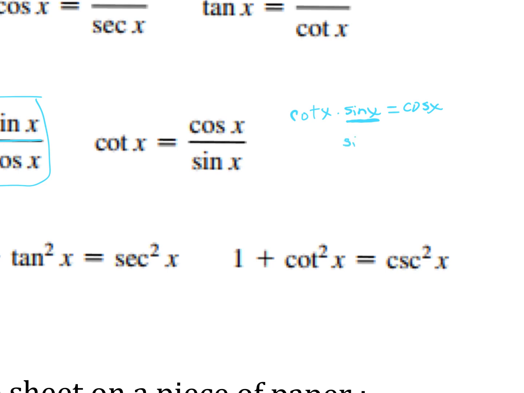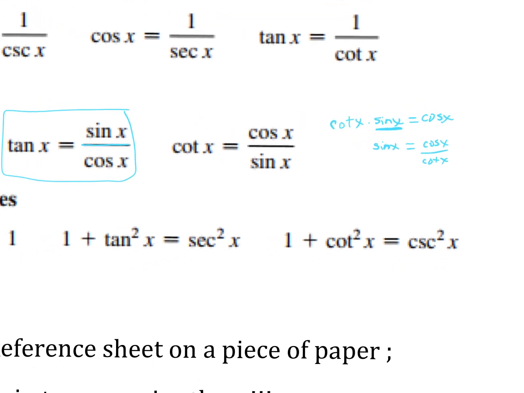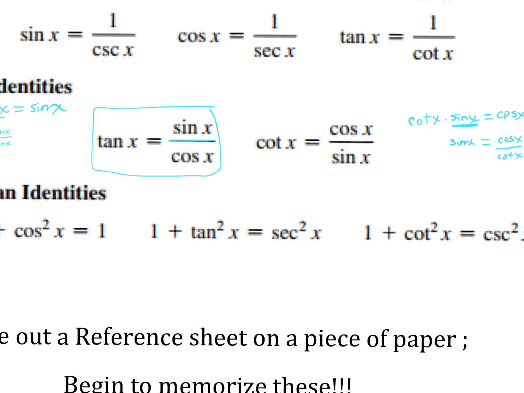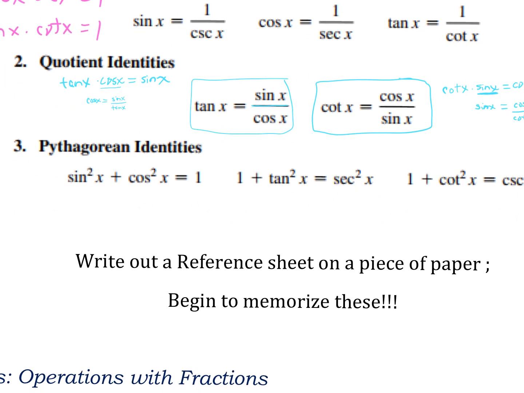So then it would be sine x is equal to cosine x over cotangent x. So those are just alternative forms for these quotient identities, right?